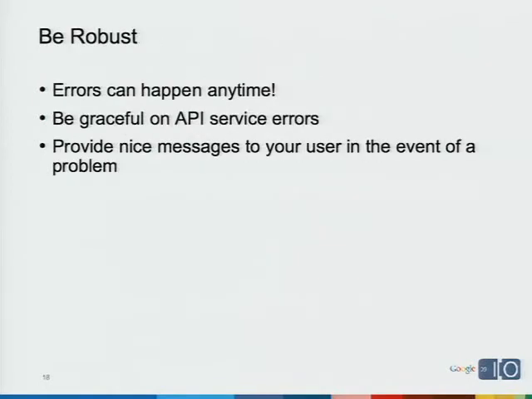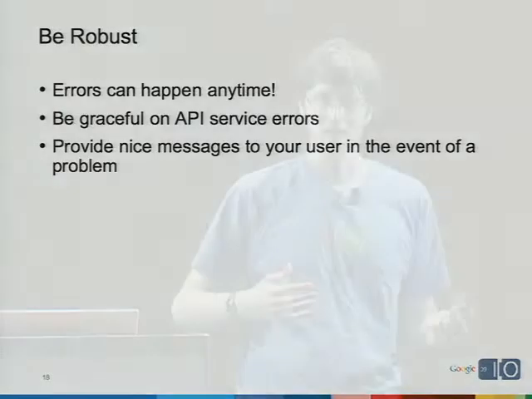And the last caveat I really want to mention with this sample is you want to be robust. There are a lot of different errors that can happen whenever you're doing network programming. The connection gets interrupted, and even our servers can temporarily go down or lose your session. So be graceful when service errors happen through the API for whatever reason, and provide nice messages to your users. This is just a general good programming practice, but we've run into some problems with people not displaying useful information.